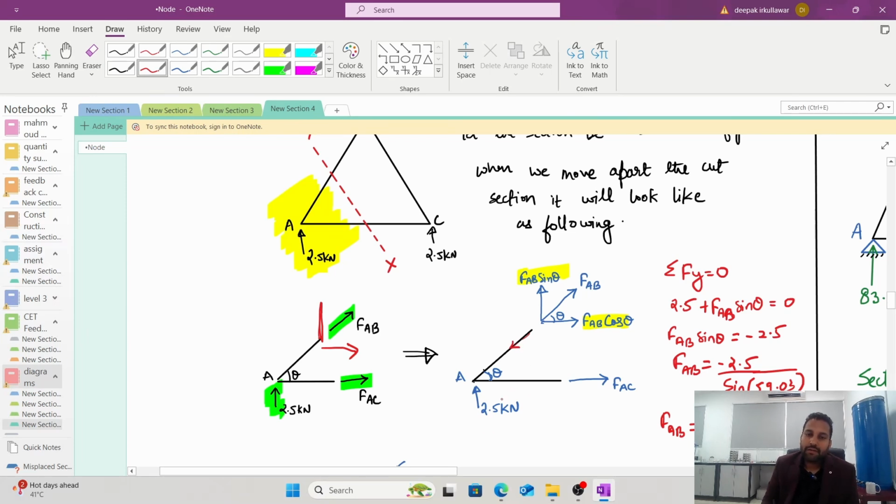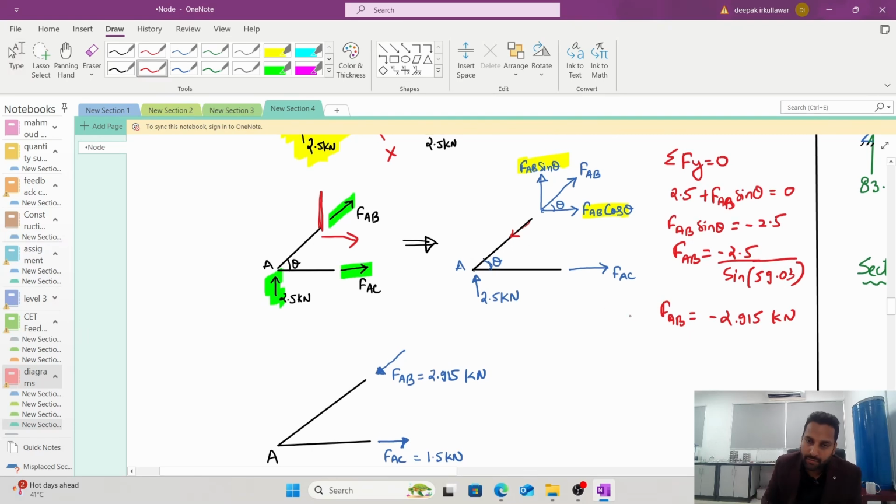Similarly, you can do summation of forces in x direction equals to 0. If you do this, you have FAB cos theta plus FAC equals 0.